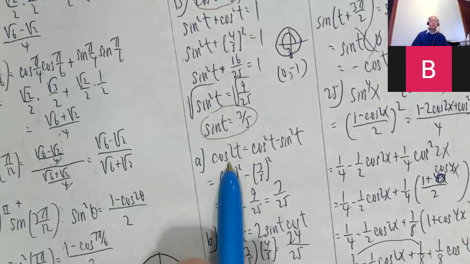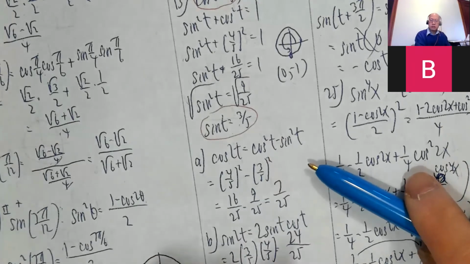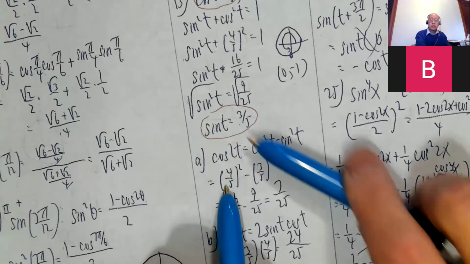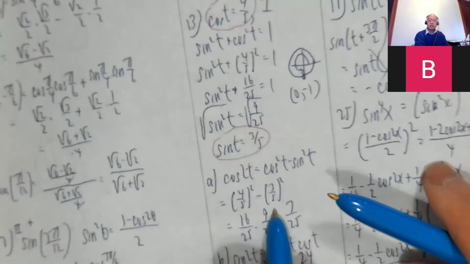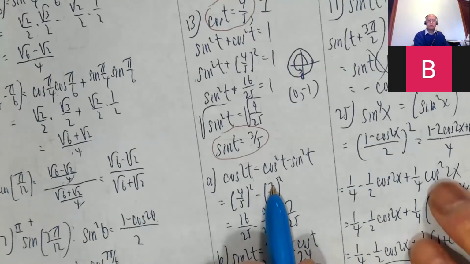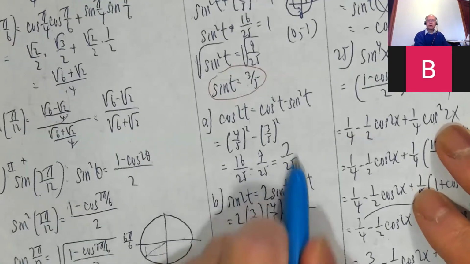All right, now they ask for cosine of 2t. So the identity is cosine squared t minus sine squared t. So cosine t was 4/5 squared minus sine t, 3/5 squared. 16 over 25 minus 9 over 25, 7 over 25.